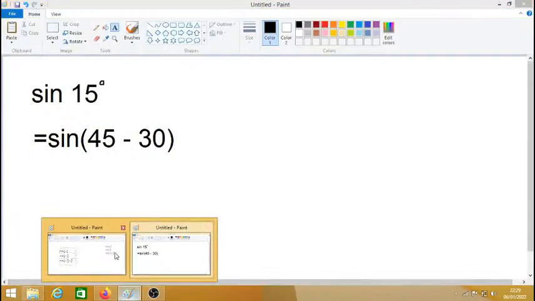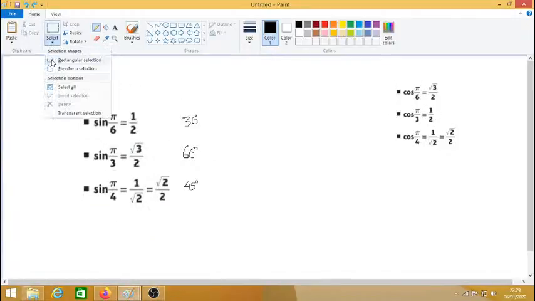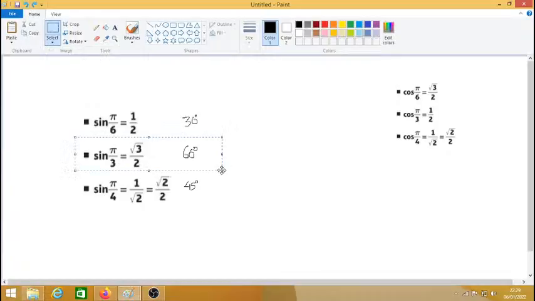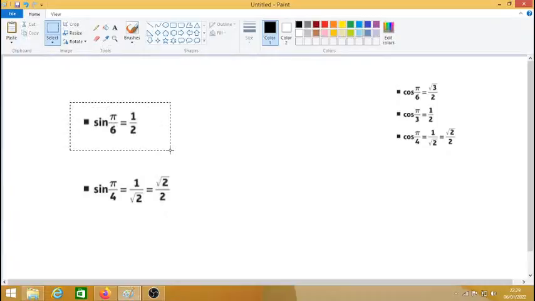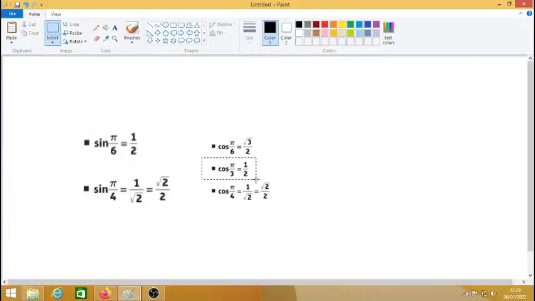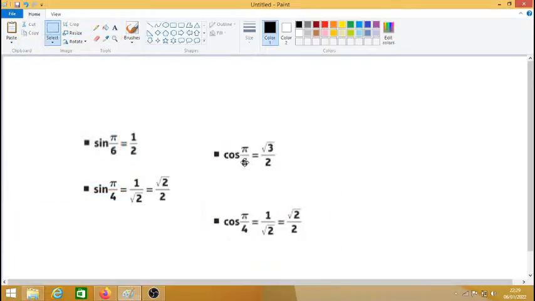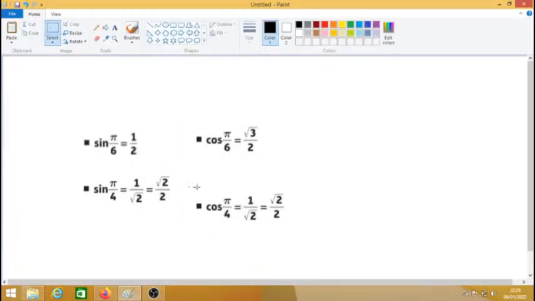So now let's bring those a bit closer. We don't need the middle one, we can get rid of that. So we'll need these two, and we're going to need the cos ones as well. So we don't need the middle one, but we do need these ones. You'll see why, because if you remember from the formula yesterday, when we're doing the sine formula, then cos appears in there as well.